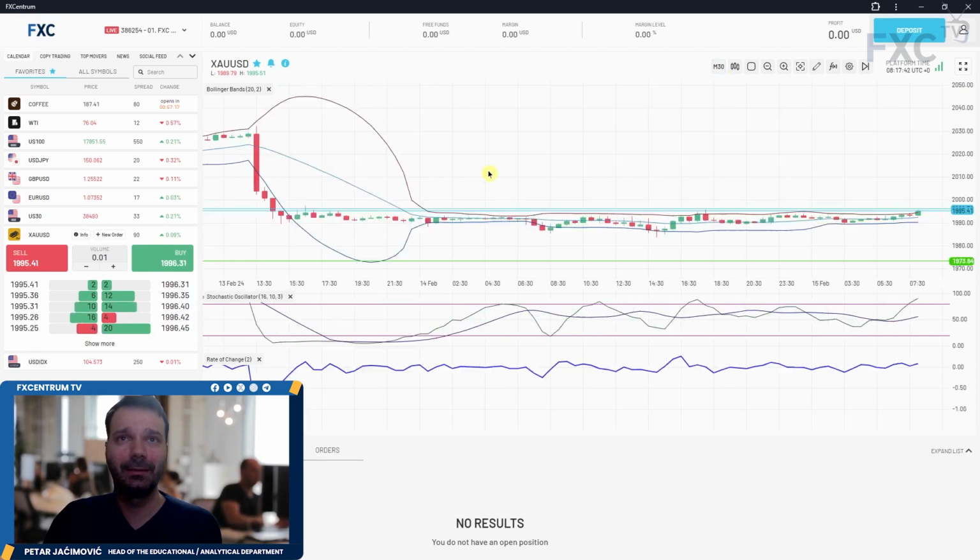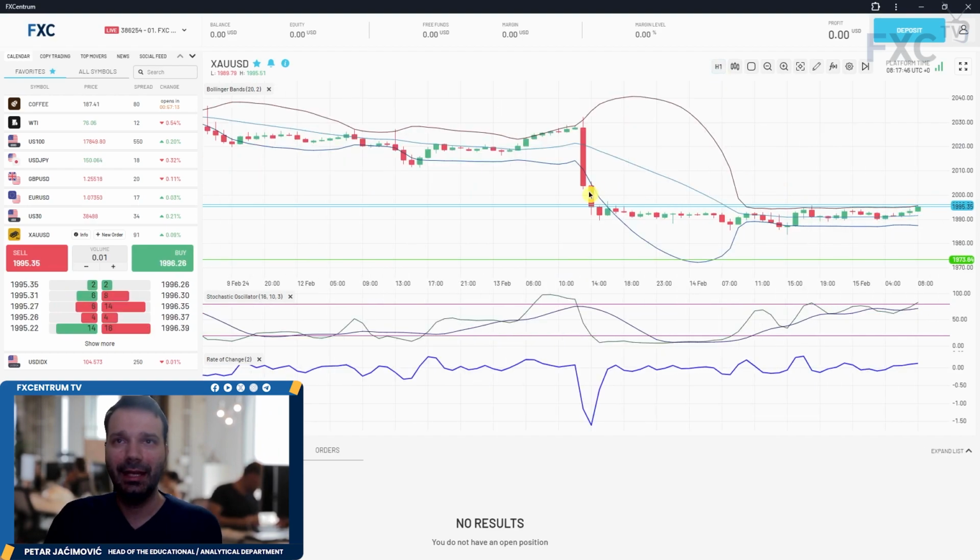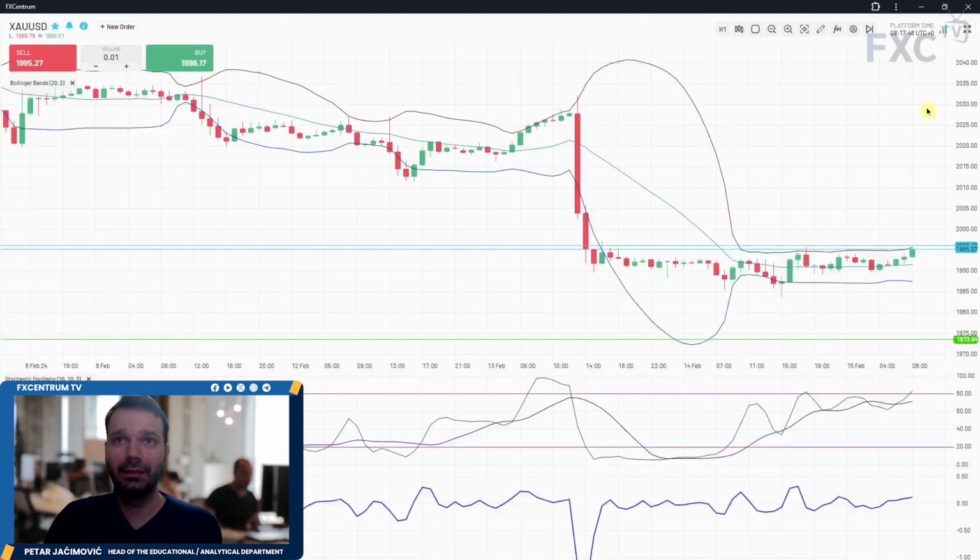We have this horizontal range, as you can see, with resistance around 1995, but still a big imbalance in this area here, and there's lots of volume and supply at that point.